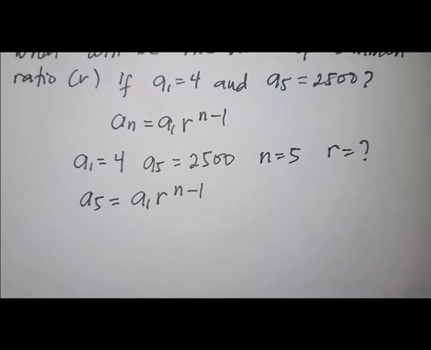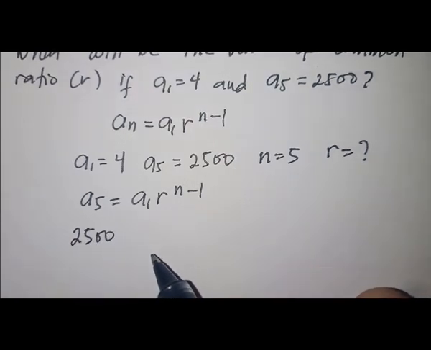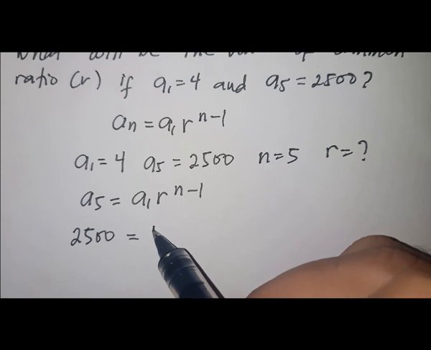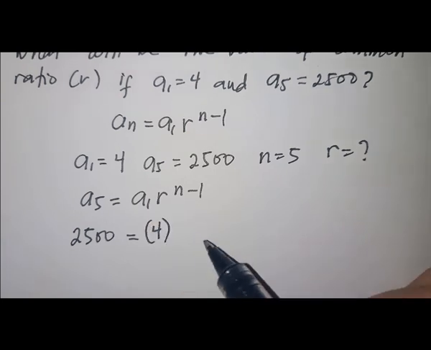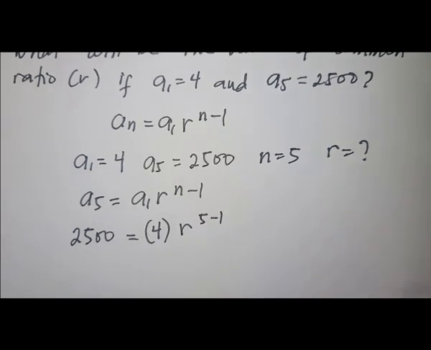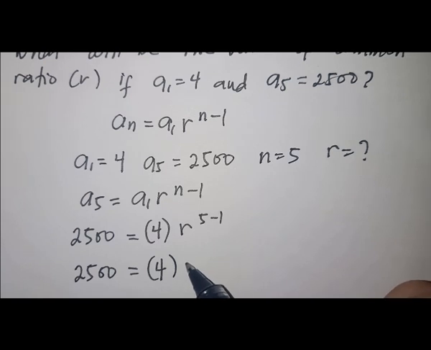Ang a sub 5 natin dito is 2,500 equals ang a sub 1 naman natin ay 4. Siyempre, unknown pa rin yung r. N is 5 minus 1. So, meron tayong 2,500 equals 4 times r raised to 4.